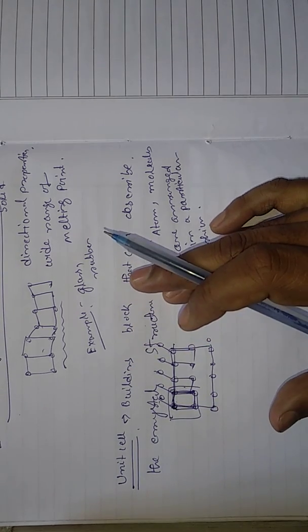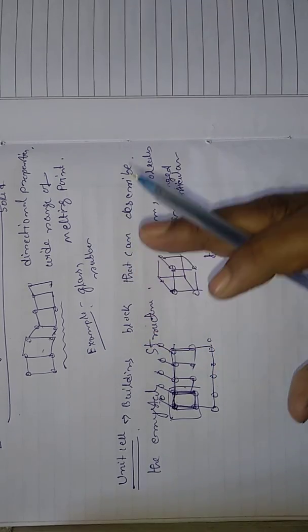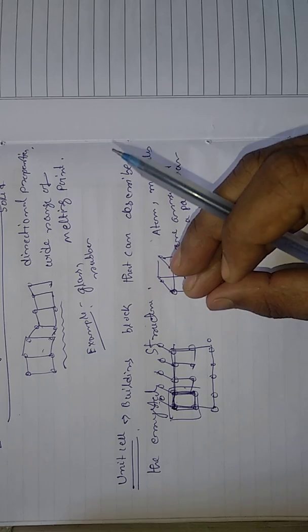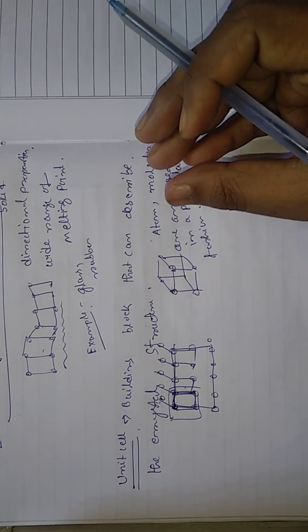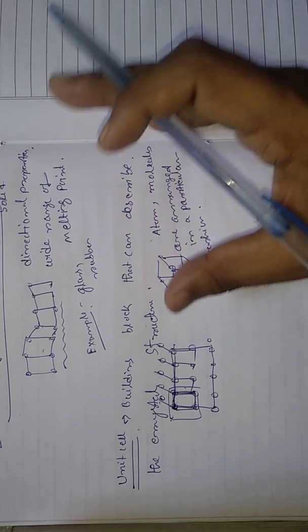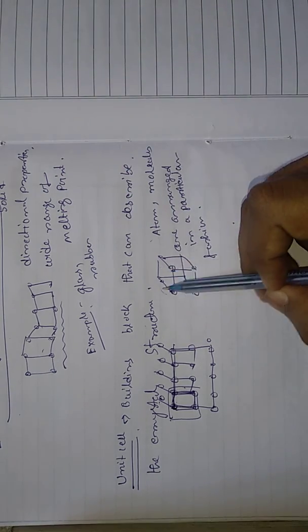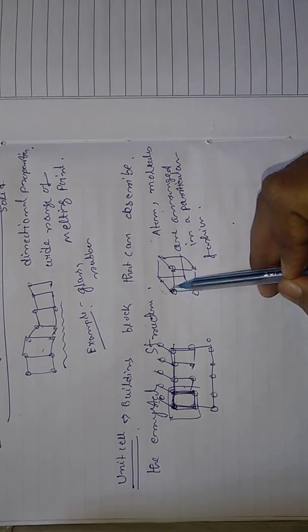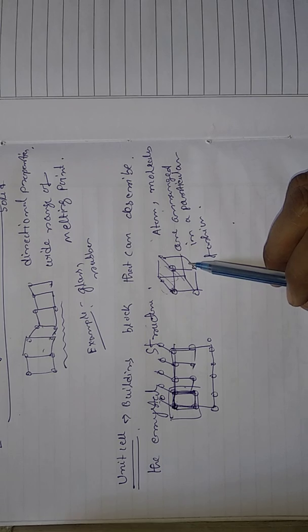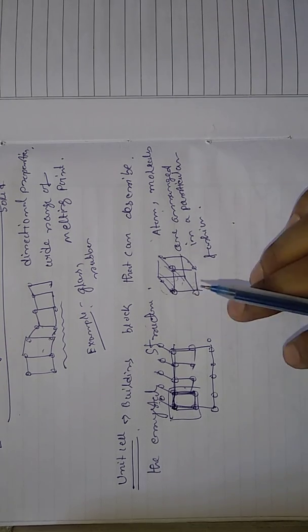If atoms are arranged in such a way that the unit cell is repeated throughout the crystal structure, then this is called a unit cell, or sometimes a building block.